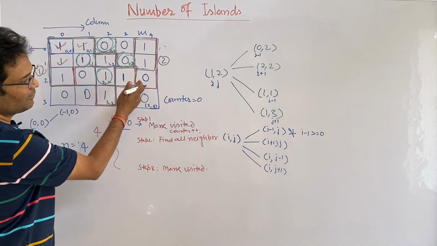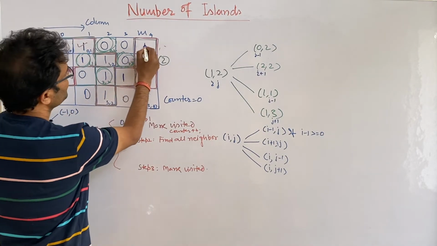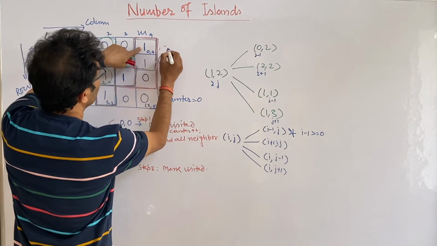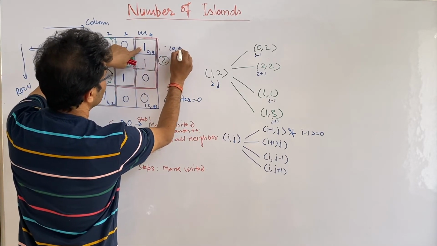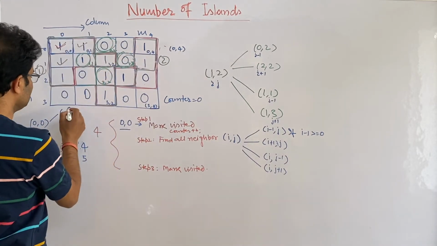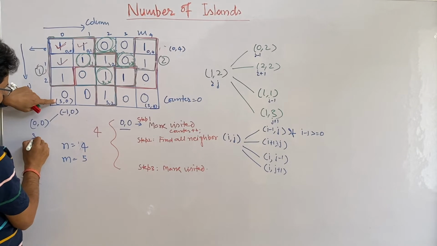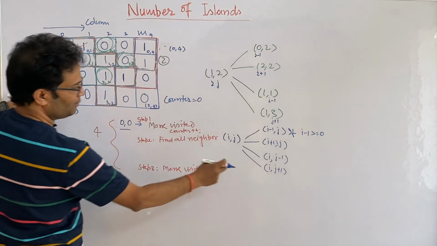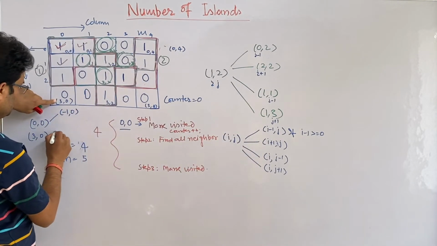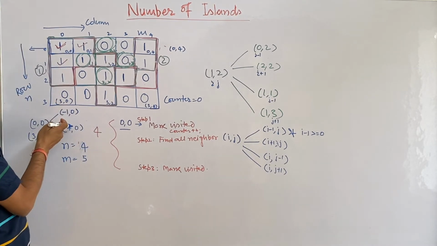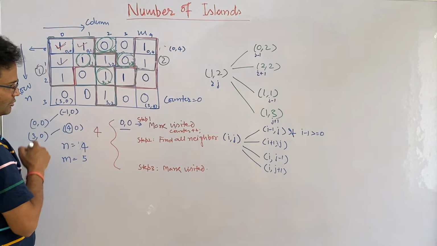And again for the positive case, suppose you are here, this is 0, 4. Or if you come here, 3, 0. If this is 3, 0 and you want to increase i, it becomes 4, 0, right? But 4 does not exist, right? So you also have to take this condition.